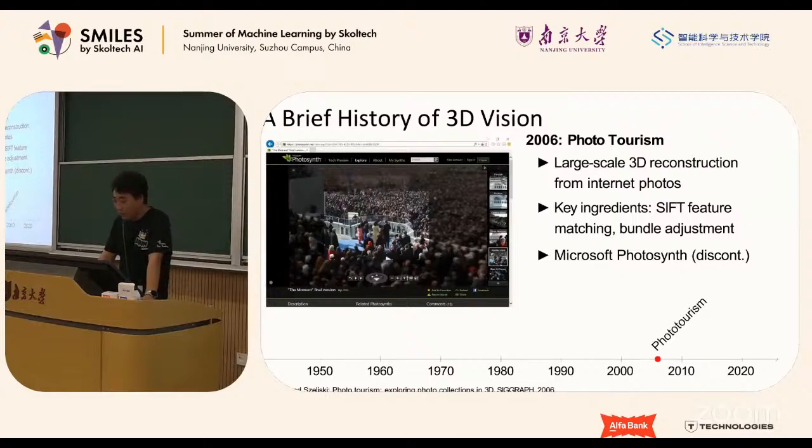So photo tourism demonstrates large-scale 3D reconstruction from unordered internet photos, because the photos may be captured at different times. Even some photos are captured in the spring and some in the winter. So the technology is very impressive and challenging.